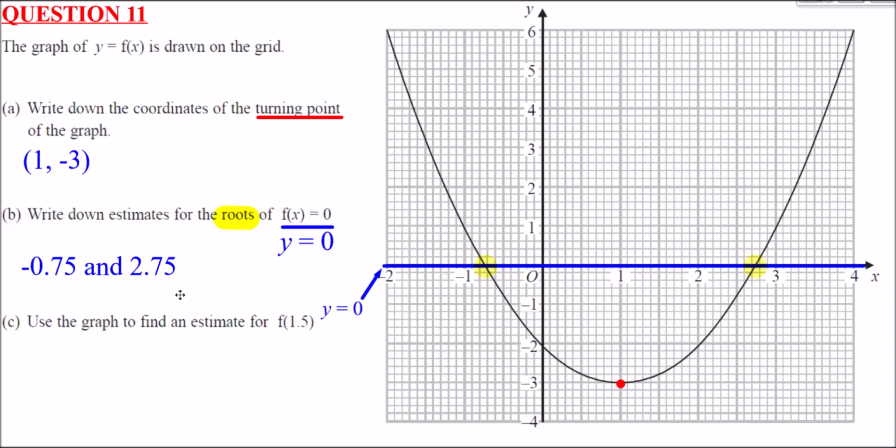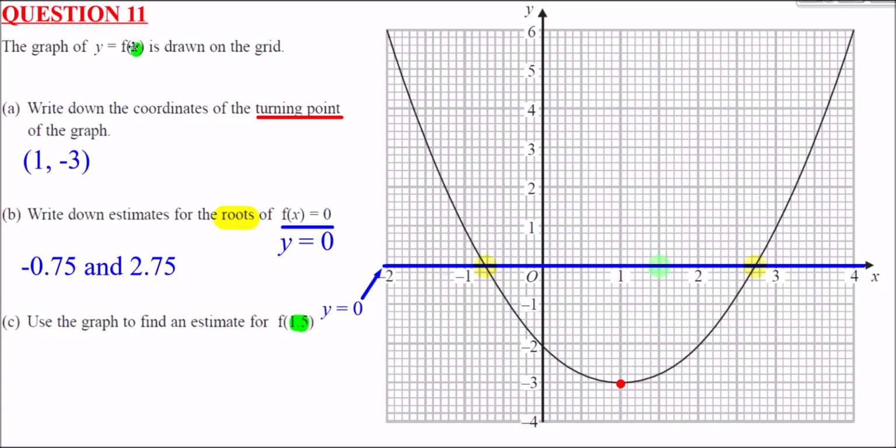Finally, C, it says use a graph to find an estimate for f of 1.5. So what gets f'd, if you like, what we f is the x, so 1.5 is what x is. So in plain English, it's just asking what is the value of y when x is 1.5.